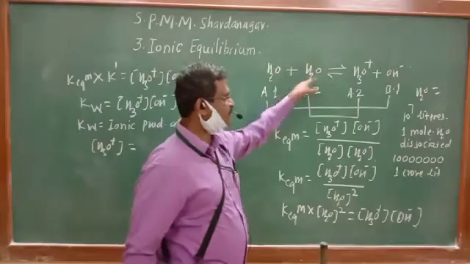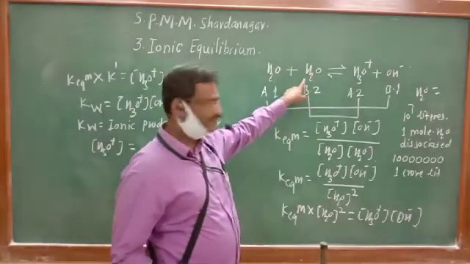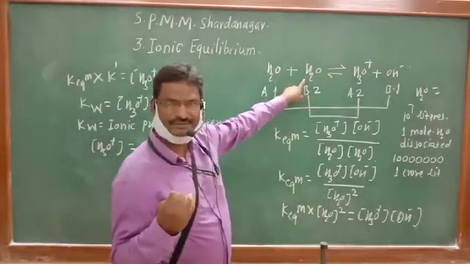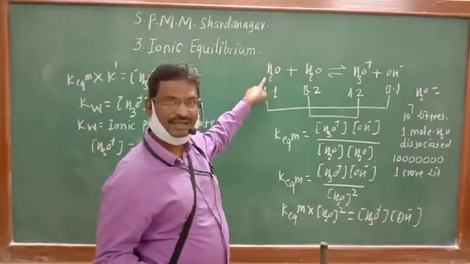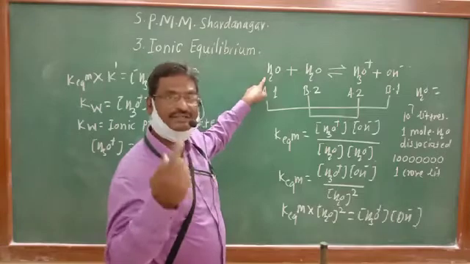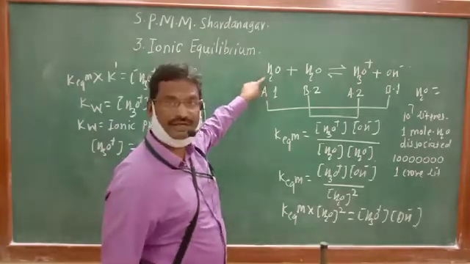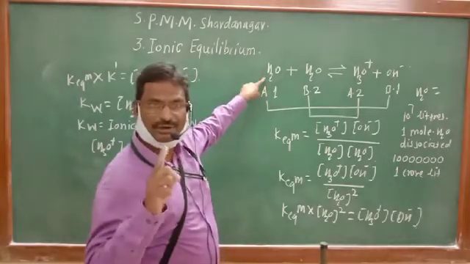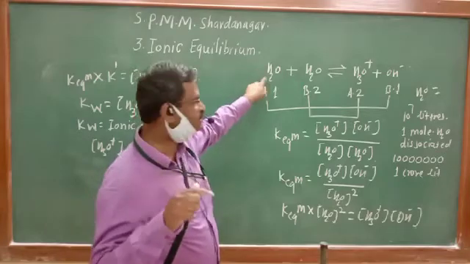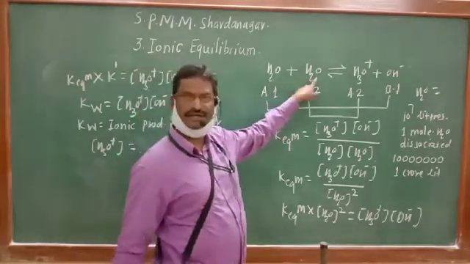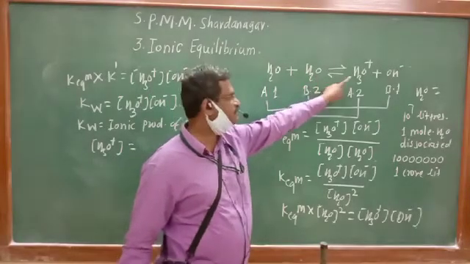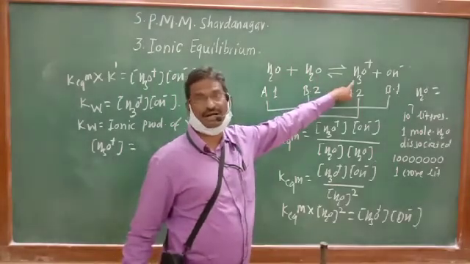See, this is water, it is the acceptor of H plus. This is water, it is the donor of H plus. So whatever H plus this is donating, the same H plus are accepted by H2O, and the same number of H3O plus ions are obtained.